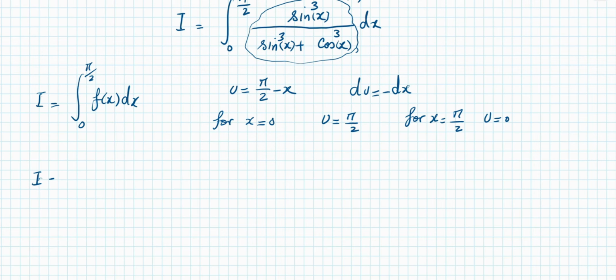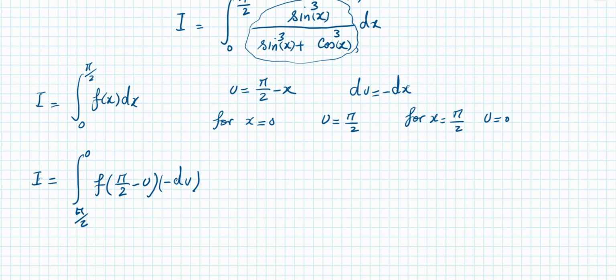So integral I is from pi over 2 to 0. The limit of integration is reversed. F of pi over 2 minus u, which we replace for x, minus du, which we replace for dx.